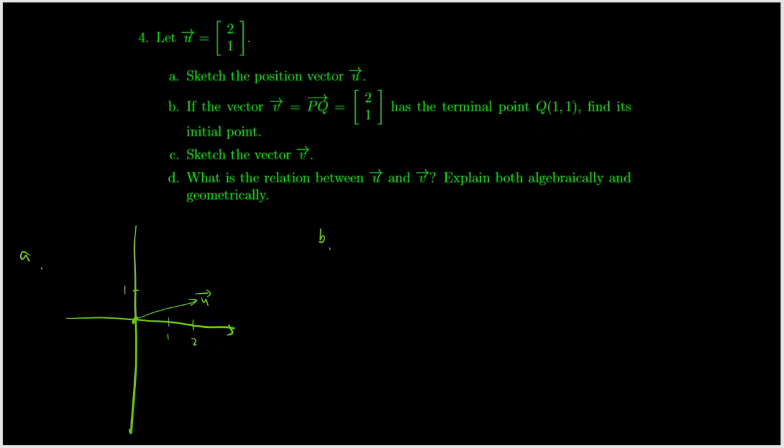In many cases, if you are solving for some unknown, we solve some equations, right? In question B, we are looking for the initial point. So now let P be the initial point. Again, I know it's easy to guess, but I'm showing you a proper way, so in case you have more complicated questions, it's easier.